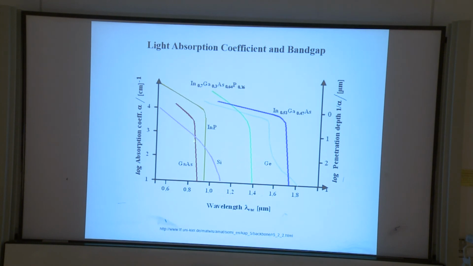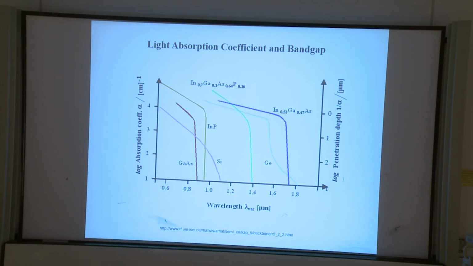Raise your hand if you think the band gap is larger for the red one, gallium arsenide. Okay, just a second: 1, 2, 3, 4, 5, 6, 7, 8, 9, 10, 11, maybe 12. Okay, put it down. Raise your hand if you think the band gap is bigger for indium phosphide compared with gallium arsenide, the yellow one.